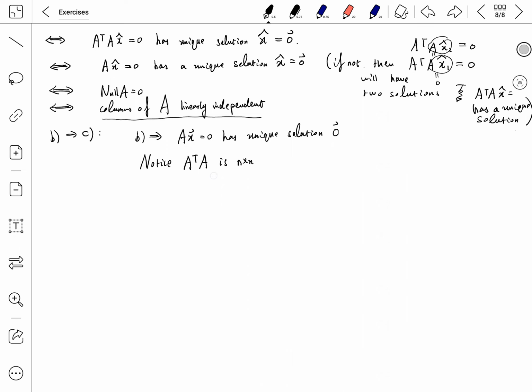A is n by n, so this is an n by n square matrix. So it is invertible if and only if it is one-to-one as a matrix transformation, if and only if it is onto as a matrix transformation. One-to-one corresponds to linearly independent columns. It's also equivalent to saying it has a unique solution.